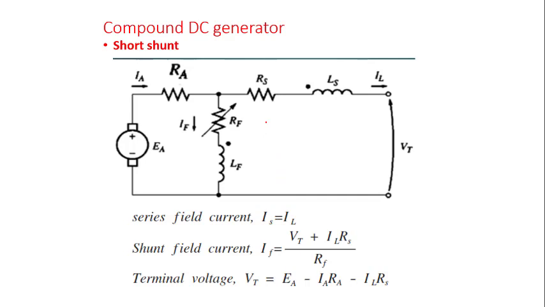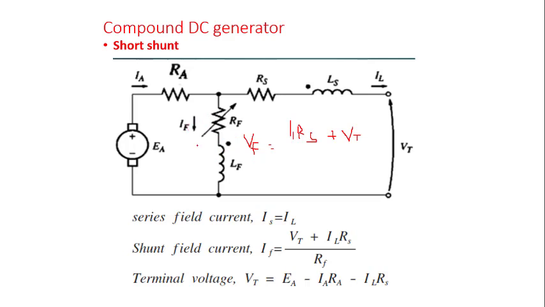According to the Kirchhoff voltage law, the voltage here, let's say our VF, is equal to the voltage drop here, IL RS, plus our VT. Because the current flows here, there will be a drop here. Then that drop plus what we get here will be equal to this particular voltage.